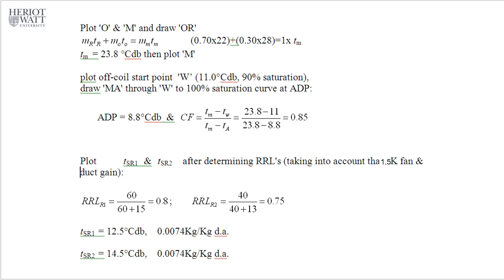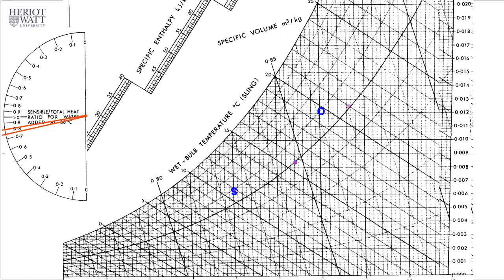Okay, you see that is outdoor and mixing. So draw a line, and then you plot 14.5 as the mixing point in the middle.